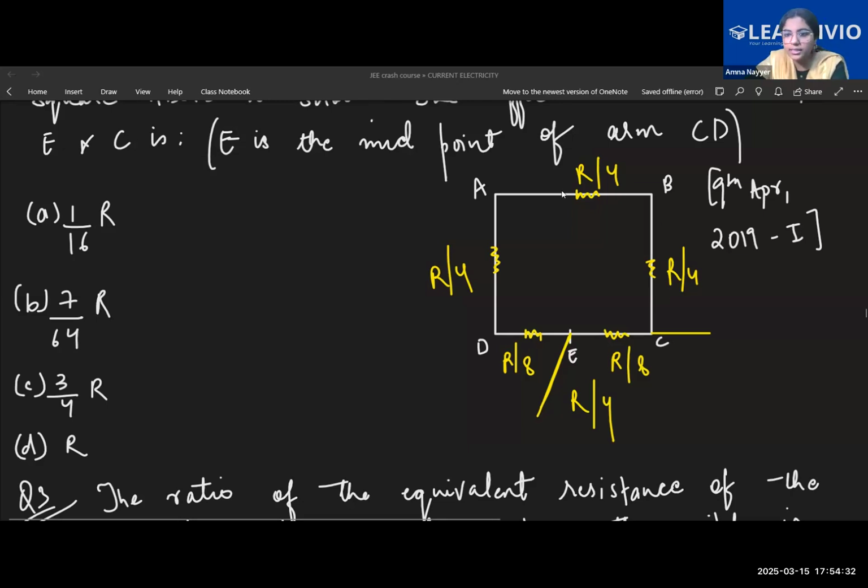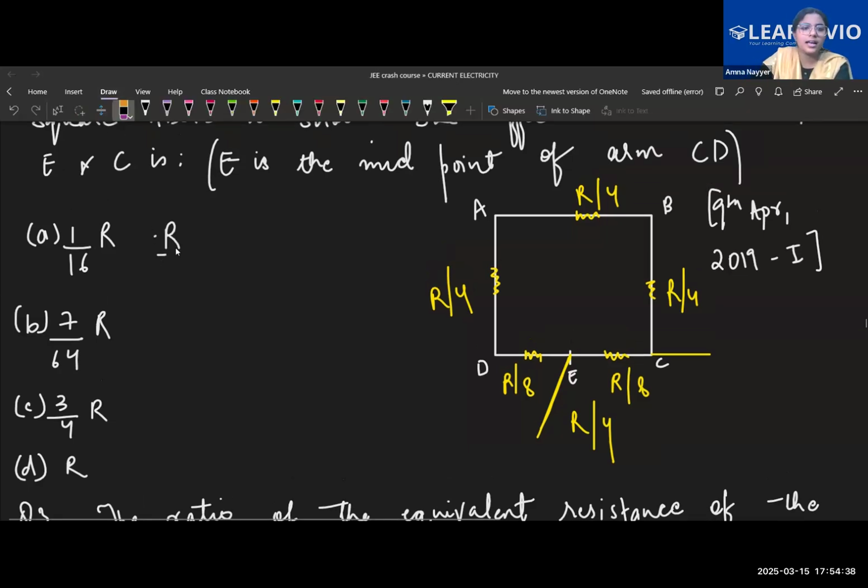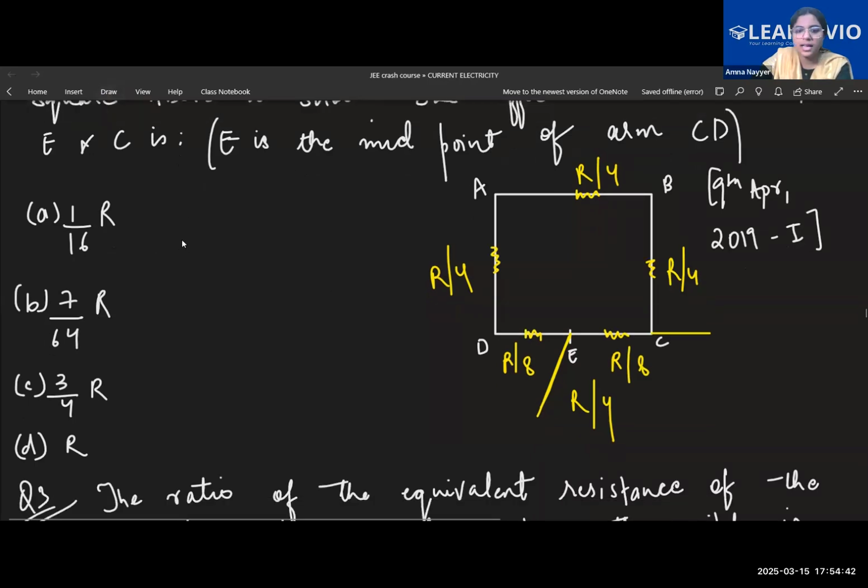See, now these are within the same wire, means they are connected in series. This R by 8 and these R by 4 plus R by 4 plus R by 4 plus R by 4. This becomes 3R by 4, plus R by 8, that is 7R by 8.